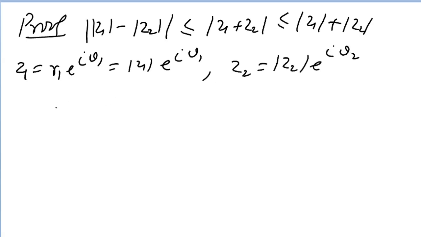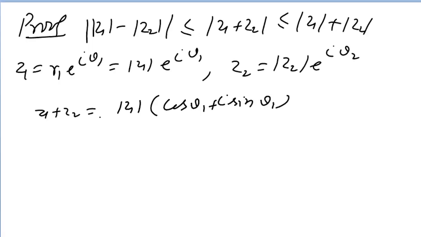Okay, so what is Z1 plus Z2? Writing in terms of trigonometric form, it is mod Z1 (cos theta 1 plus i sin theta 1) plus mod Z2 (cos theta 2 plus i sin theta 2).